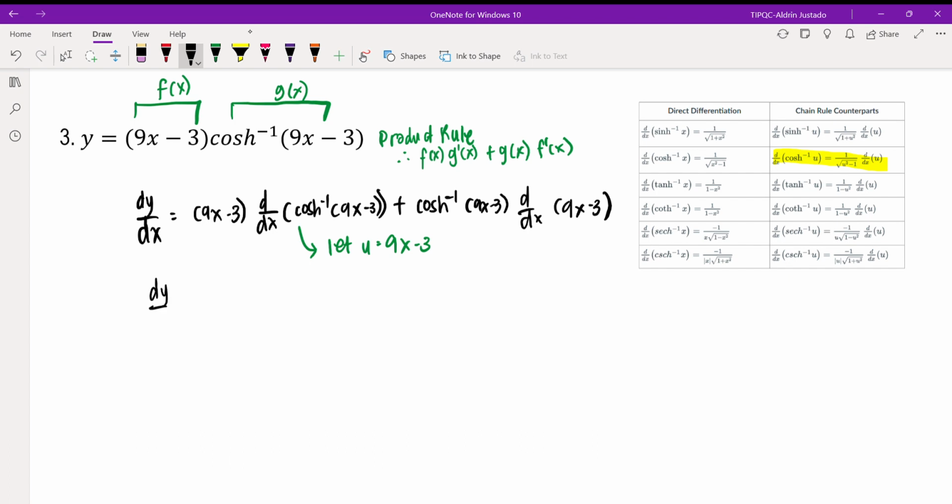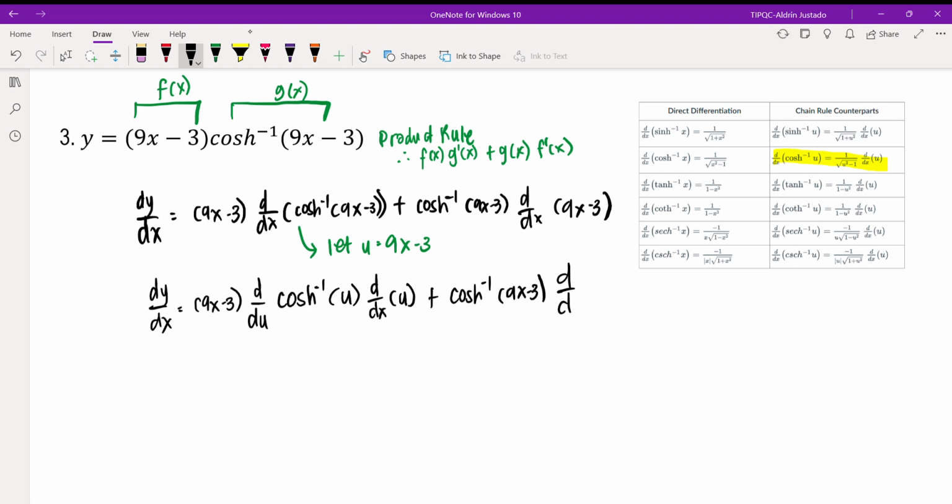dy over dx is equal to 9x minus 3 times d over du of inverse hyperbolic cosine of u times the derivative of your u, plus inverse hyperbolic cosine of 9x minus 3 times the derivative of your 9x minus 3.